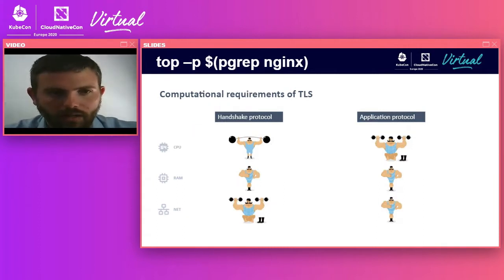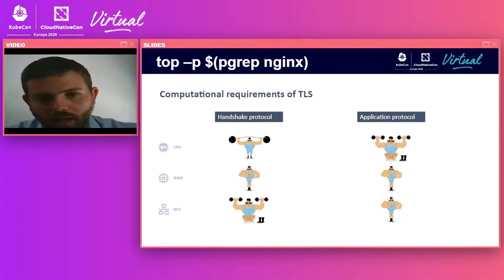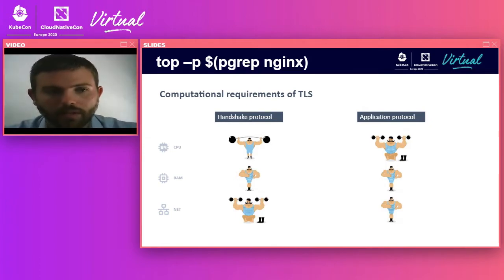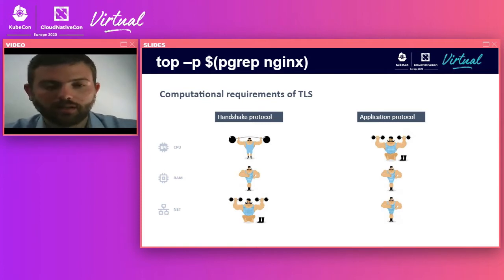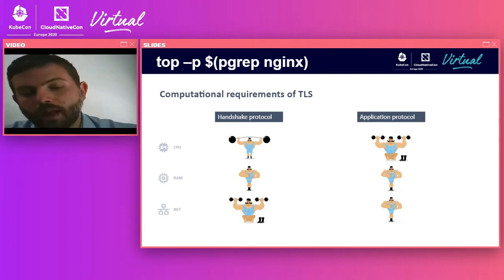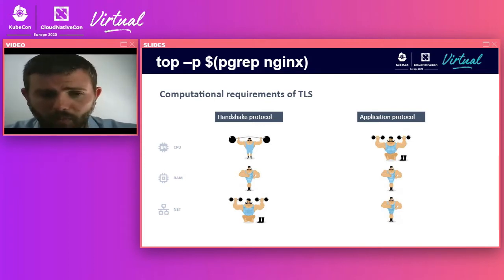So, as I told you, we are going to mostly talk about CPU today, and I wanted to give you an outline of the computational intensity of the handshake protocol and application protocol as the opening of our discussion. If we look at the handshake protocol and how much CPU it needs, as I told you before, it is based on asymmetric cryptography, and asymmetric cryptography takes time and it takes CPU.